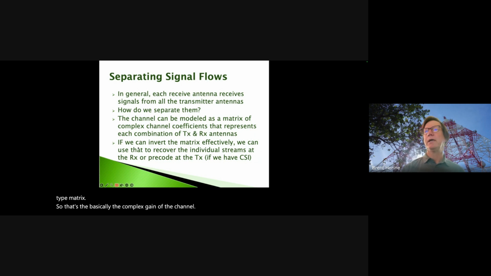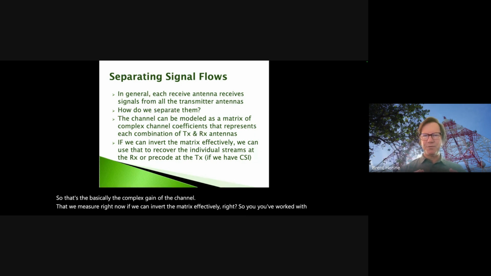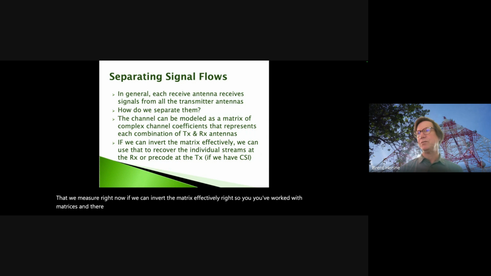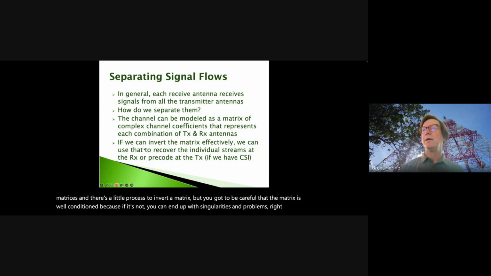Now, if we can invert the matrix effectively, right? So you've worked with matrices, and you know there's a little process to invert a matrix, but you've got to be careful that the matrix is well conditioned, because if it's not, you can end up with singularities and problems, right? So this is a big if, right?